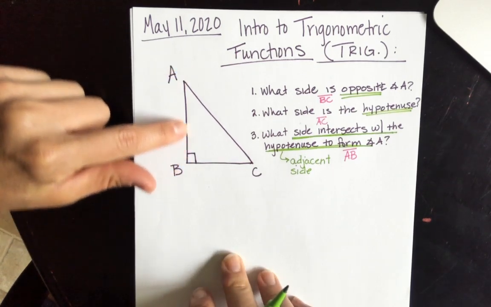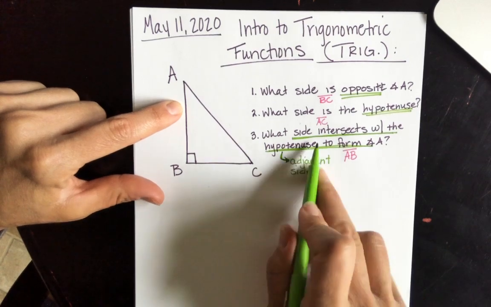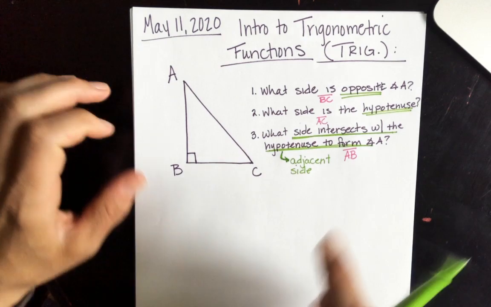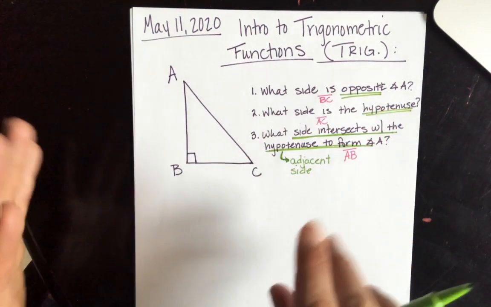The adjacent side is specifically designated for that side that intersects with the hypotenuse to form that angle. So these three, opposite, hypotenuse, and adjacent, are going to be big.